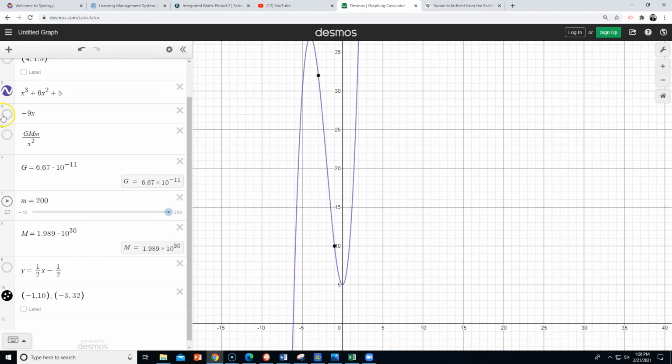And I'm going to go ahead and plot a -9x line, a line that has a slope of -9, just so you could see this. And yeah, again, it's a little off because the line's y-intercept's kind of off. But again, you see that the slope at these points, yeah, it looks like they're going down at a slope of -9 at those particular points, which is kind of interesting to see.